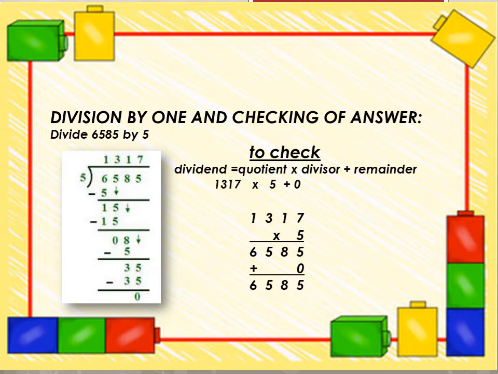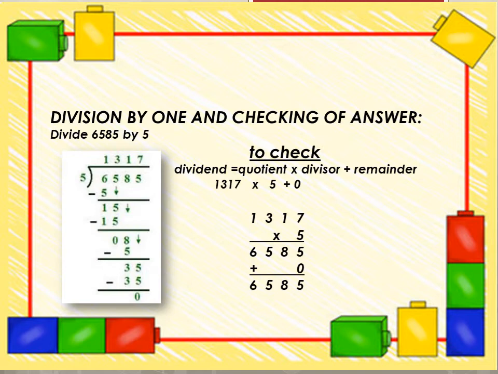In all the operations, addition, subtraction and multiplication, we start the process from the right hand side, but in division we start from the left hand side. So first we will divide the thousands place digit, that is 6, by 5.